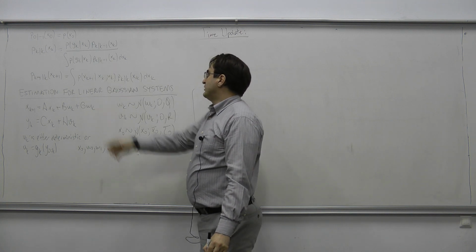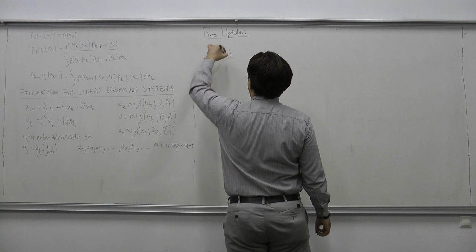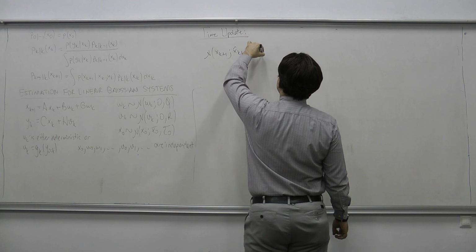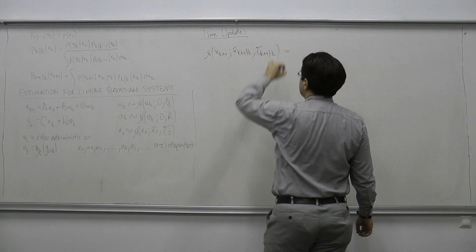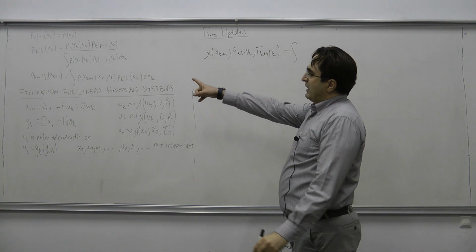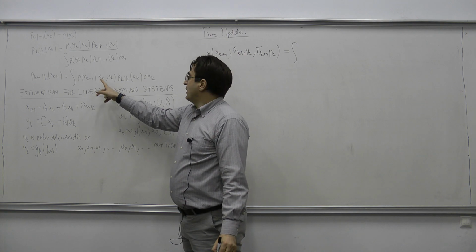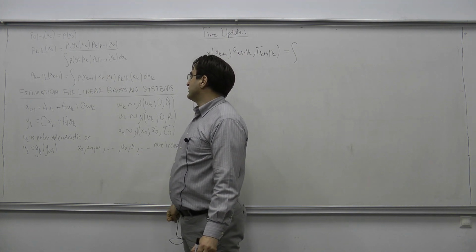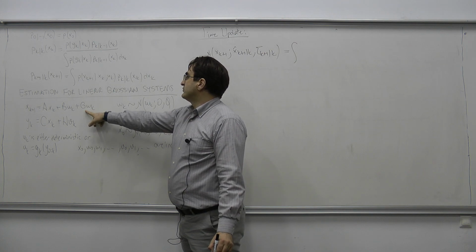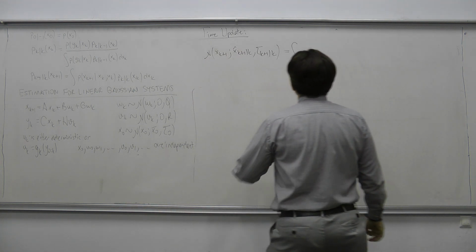Okay? So let me write the Gaussian on the left. Normal xk plus 1, with x at k plus 1 given k, Sigma k plus 1 given k, is equal to an integral. Now I have the one-step transition distribution here, okay? I need to put it into the integral here. So what is the one-step transition distribution for this system? I need to use the state model, and we have found it in the past.